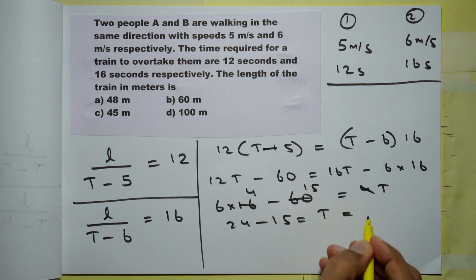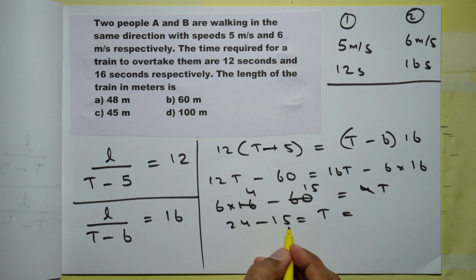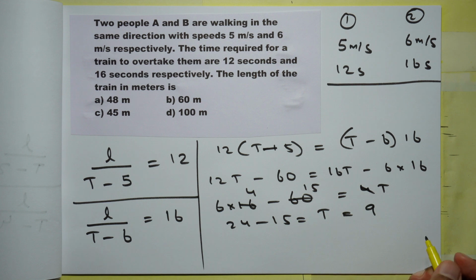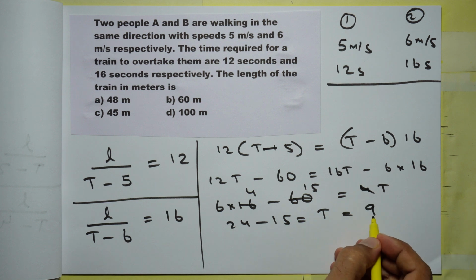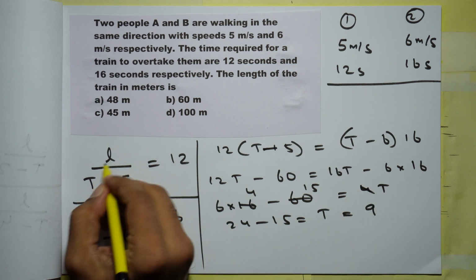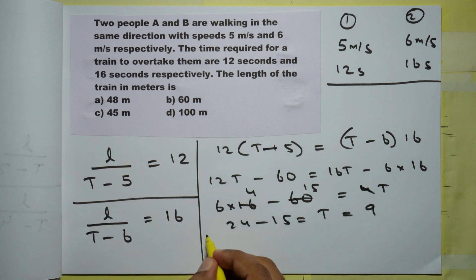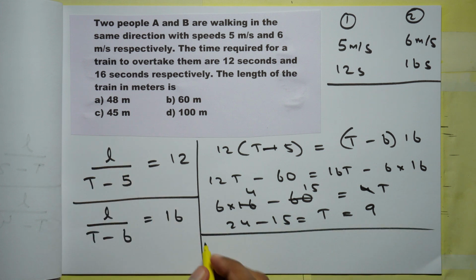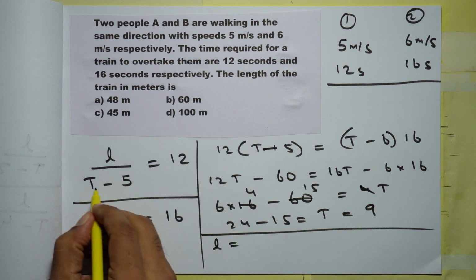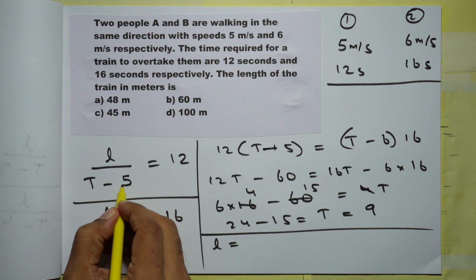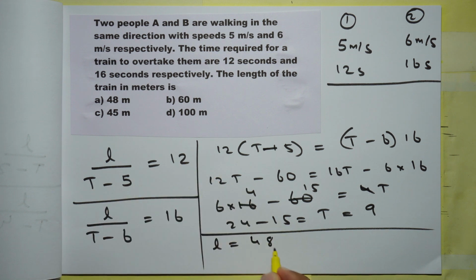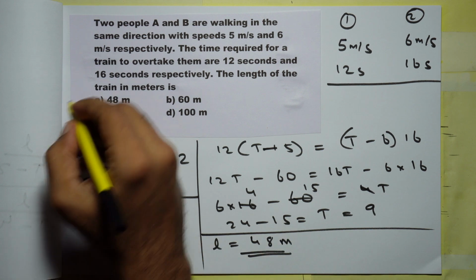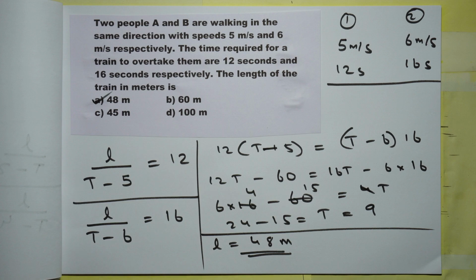So t is equal to 24 minus 15, that is equal to 9. So we can substitute the value 9 either here or here. You will get the value of L. So if you substitute here, you will get L by 9 minus 5 is 4. 4 into 12 gives you 48. So 48 meters. That is the length of the train. That is option A.